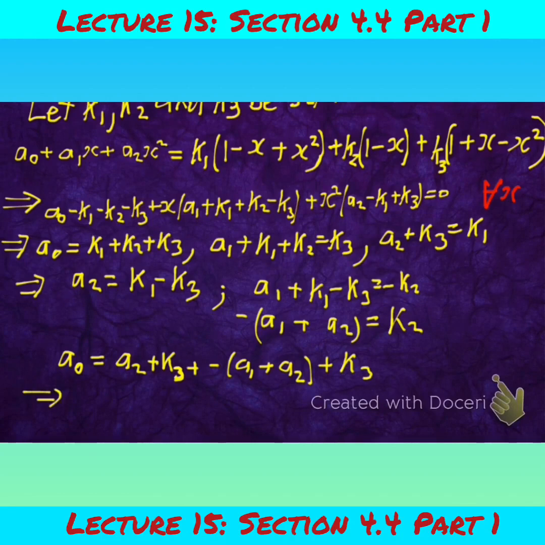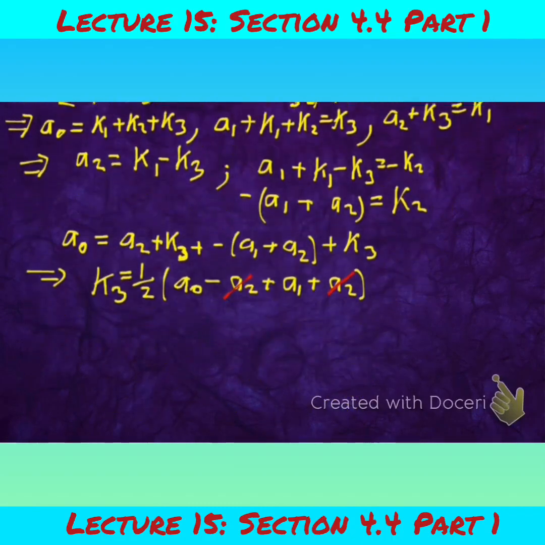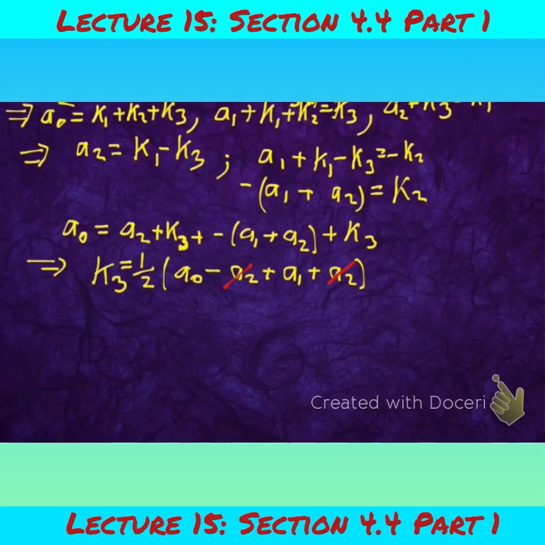And then from there we can solve for K3 as a half. All right, and you can clearly see that those terms cancel one another out. All right, okay, so what have we got so far?